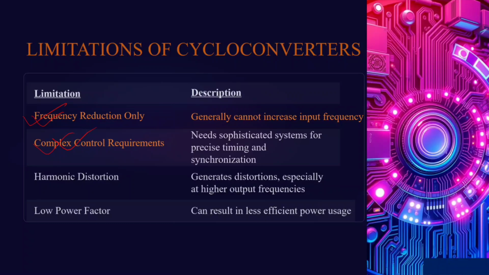Cycloconverters use many semiconductor switches for varying the frequencies, and these devices need to turn on and turn off precisely to get the required output frequencies. Then harmonic distortion: it generates distortion, especially at higher output frequencies. Then low power factor can result in less efficient power use. These are some limitations of cycloconverters.